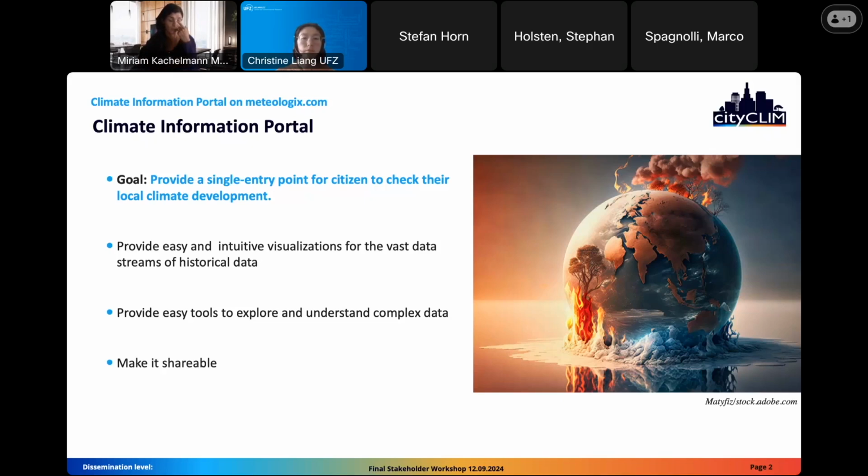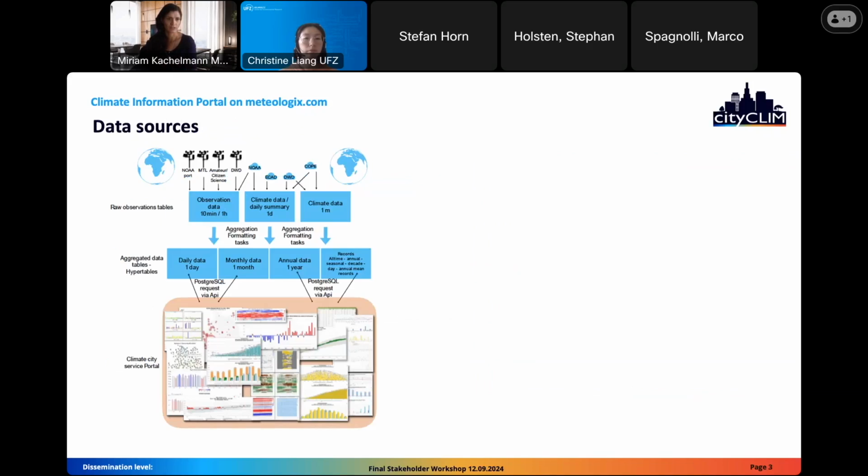We also wanted to provide it in a way that you can share it easily on social media, that you can have nice little pictures that you can easily communicate to other people who might be interested. So that's just a very brief summary of what we did. We collected data from all kinds of sources.